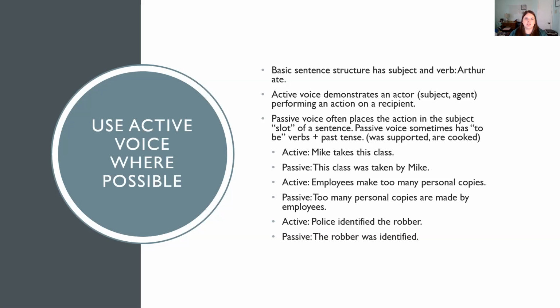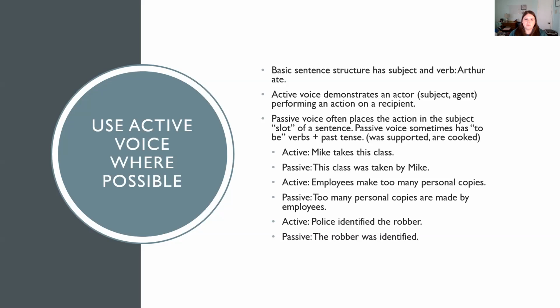So by the time you start saying was being eaten by, as opposed to ate, then that means that the action is being done by the actor versus the actor doing the action, which I know is kind of a convoluted way to explain it, but it's kind of the way that I make sense of it in my own head. So I thought it might be useful to some of you as well.